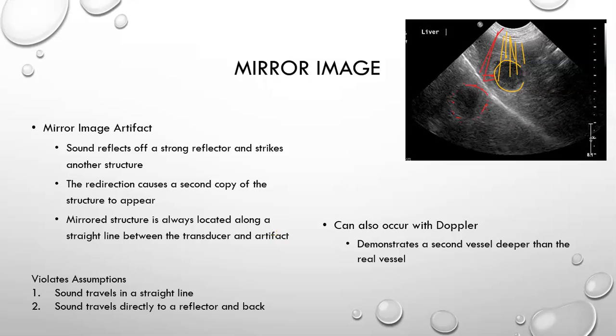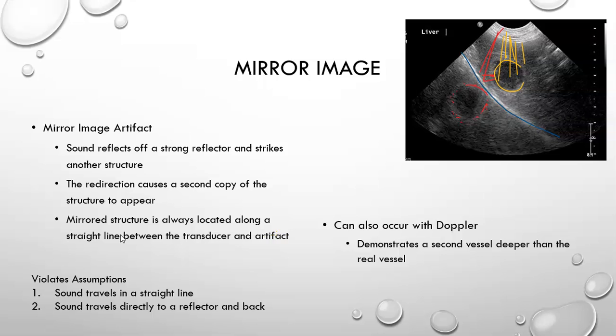And so we have this reflector kind of mirrored in a different location, and there's always a very strong reflector along the path between the mirrored image and the actual image, and in this case it's the diaphragm.